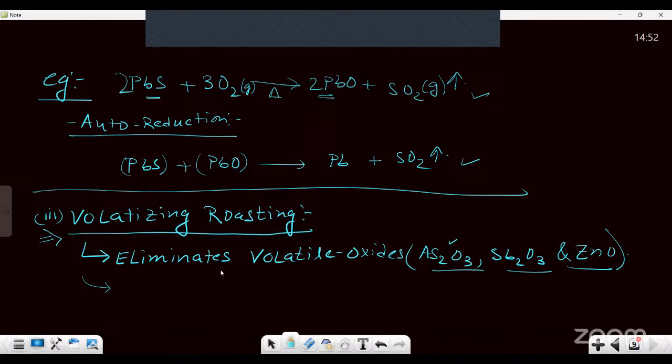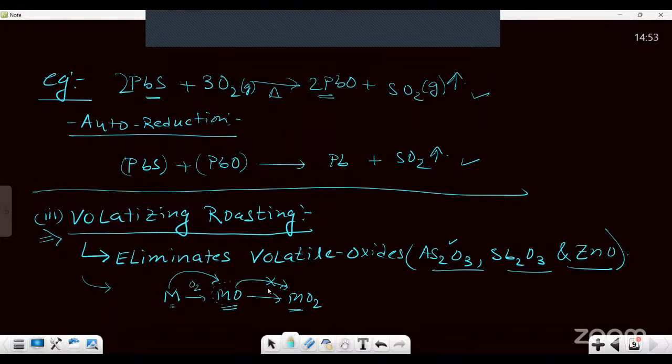So try and understand it. See, suppose when the metal M is oxidized to MO. Now suppose this is volatile. But when you further oxidize to MO2, maybe this is not volatile. But our idea is to eliminate this material M. So what should we do? We should control the oxygen supply absolutely according to the requirement so that the M gets converted to MO, but MO is not converted to MO2.